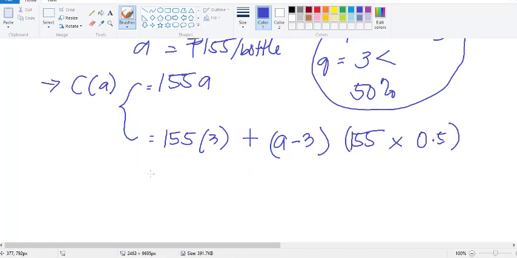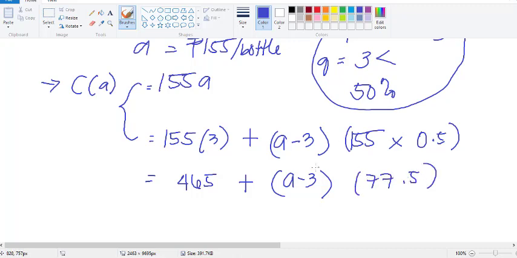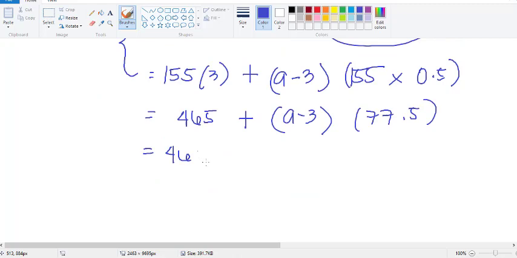Kung isimplify natin itong mga bagay-bagay na ito, 155 times 3, let me use my calculator. 155 times 3, 465, plus A minus 3. Ito, 155 times 0.5, that is 77.5. And then distribute lang ito, distributive property. So it will become 465 plus 77.5A minus 77.5 times 3, that is 232.5.